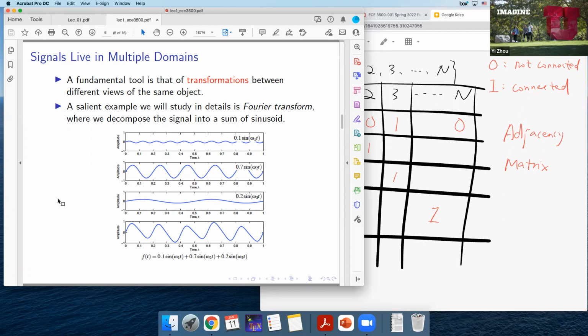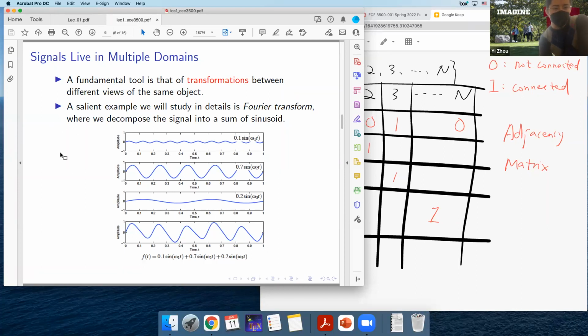And in this course, we will introduce a very fundamental tool, that is, transformations between different views of the same signal. In particular, we are going to look at a particular signal in different domains.